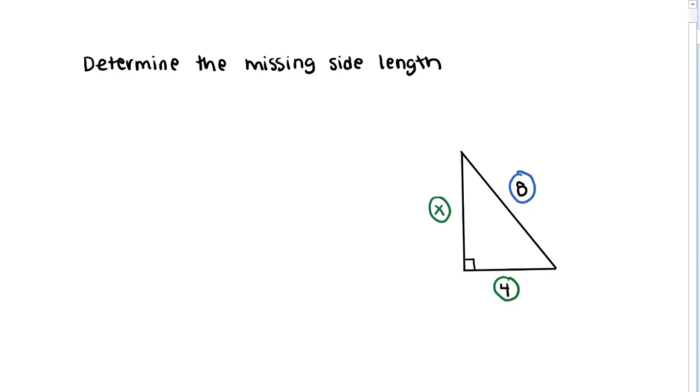The Pythagorean theorem says that if I square each leg length and add them together, I'm going to get the square of my hypotenuse. So x squared plus 16 is equal to 64. Whatever the value of this side length is, it has to satisfy this equation. This is just a fundamental truth about right triangles, that they satisfy the Pythagorean theorem.